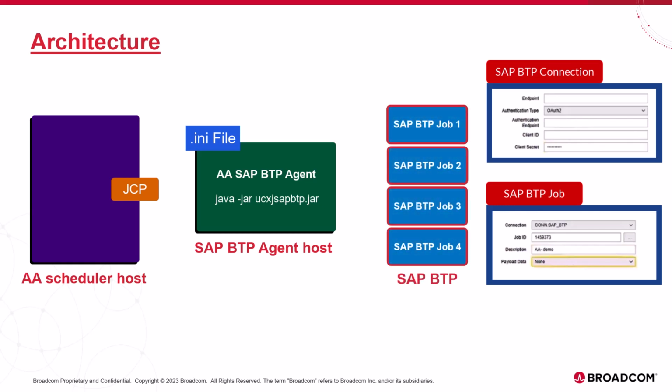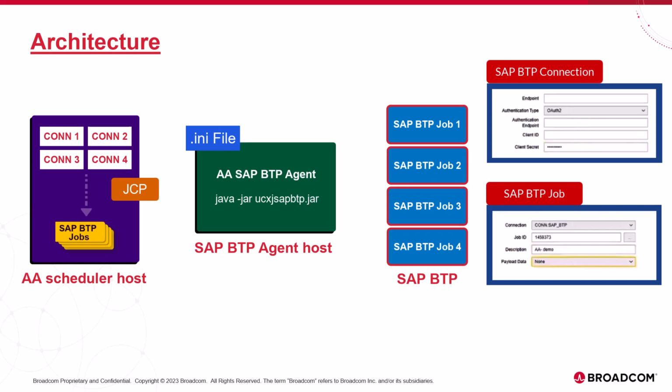We create a connection object in Automic Automation for each instance by duplicating the con template for each of these instances. Lastly, we create SAP BTP scheduler jobs in Automic Automation for each corresponding process in SAP BTP. The Automic Automation jobs include the connection object based on the target system.